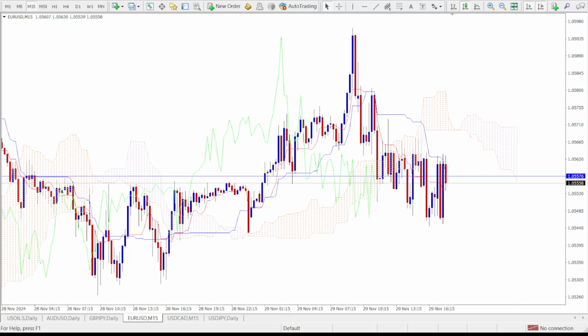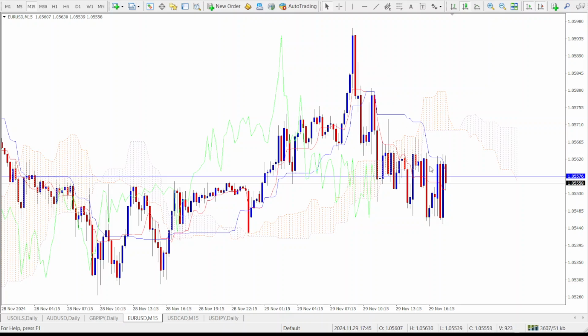Now that we know what Senkou Span A is, let us talk about how to interpret it in the context of your trades. The key thing to remember about Senkou Span A is its position relative to the price. If the price is above the Senkou Span A, like in this situation, that signals a bullish trend, meaning that the market is generally moving in an upward direction.